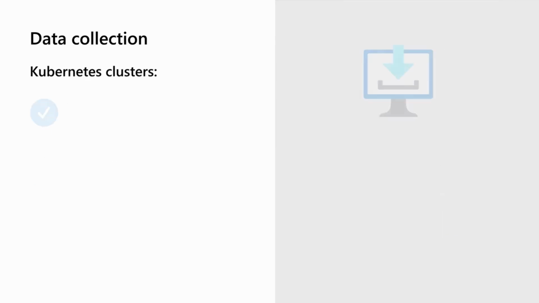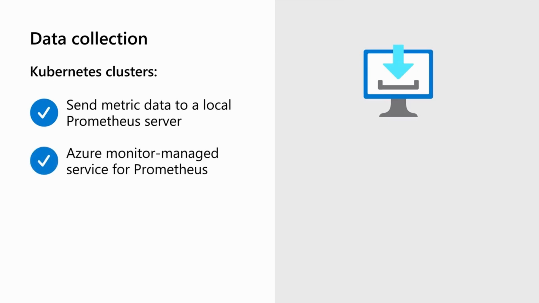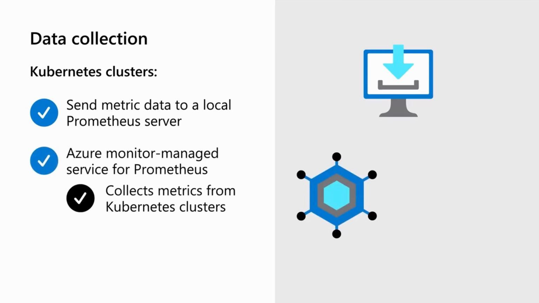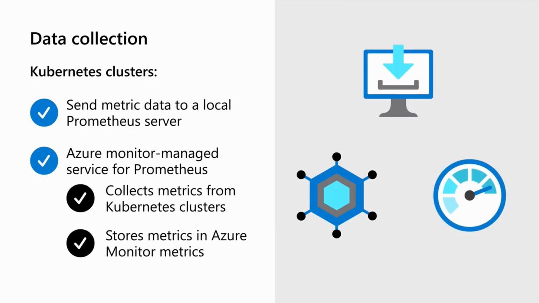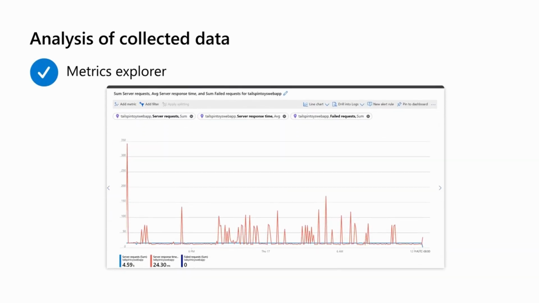Kubernetes clusters typically send metric data to a local Prometheus server that requires maintenance. Azure Monitor offers a managed service for Prometheus that collects metrics from Kubernetes clusters and stores them in Azure Monitor metrics. So, how can you analyze the data collected in the metric database? You can use Metrics Explorer to interactively analyze the data in your metric database and chart the values of multiple metrics over time.